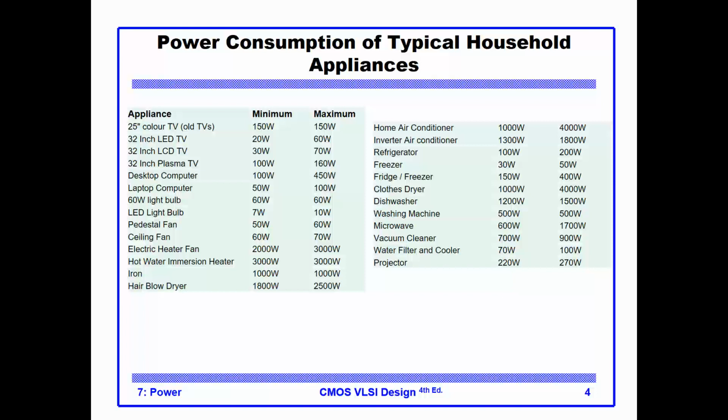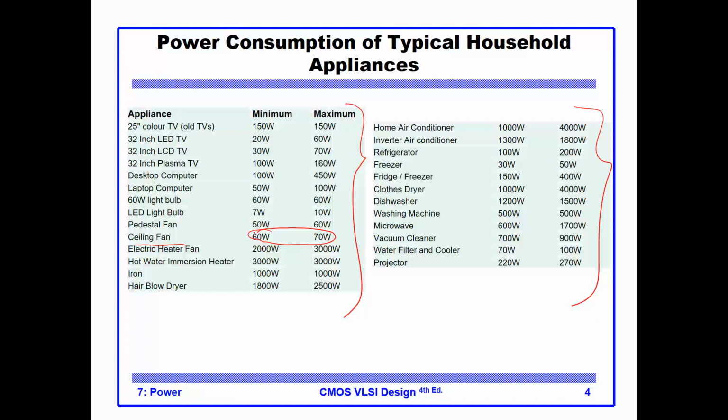I do understand that this is an electronics course, but the principle applies even for appliances. These are typical appliances at home, with average values. For example, a ceiling fan has an average power consumption of 60 watts to 70 watts.